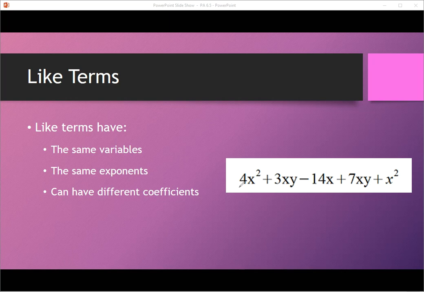A like term for 4x squared would also need the same variable, same exponent, so it would be x squared. A like term for 3xy would be 7xy. Same variables, same exponent. There is no like term for negative 14x because nothing else has just an x.